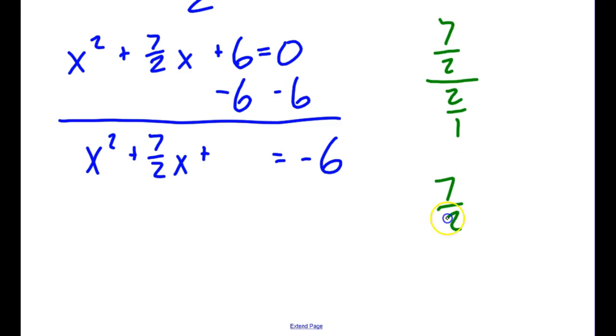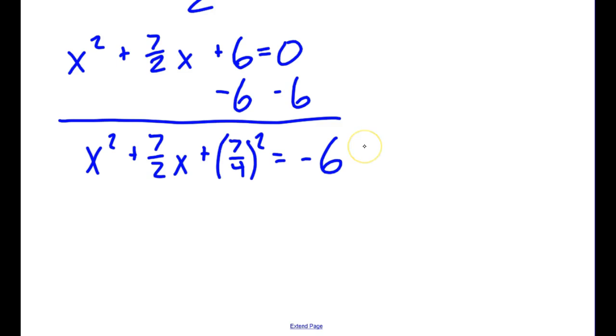So I have 7 over 2 times 1 over 2, the reciprocal, which will be 7 over 4. So back to the problem, when I'm taking b over 2 quantity squared, that turns into 7 over 4 quantity squared.